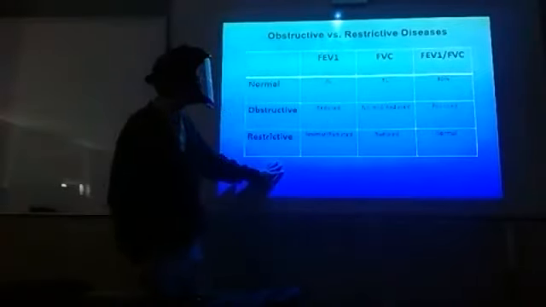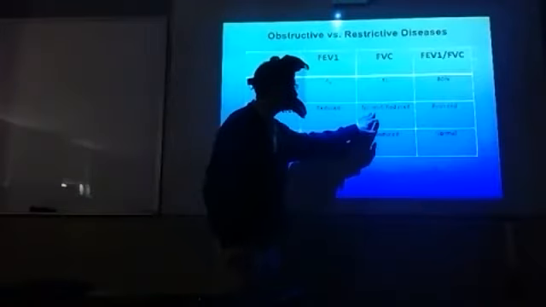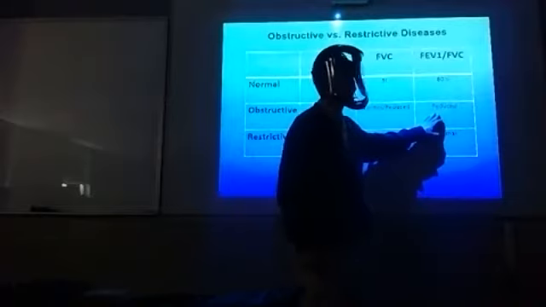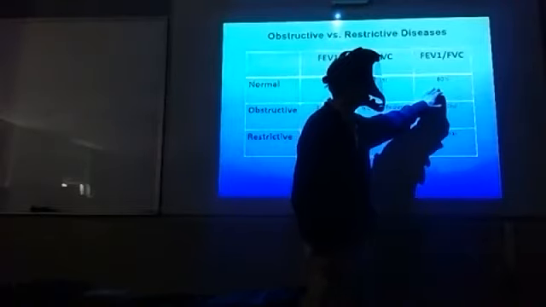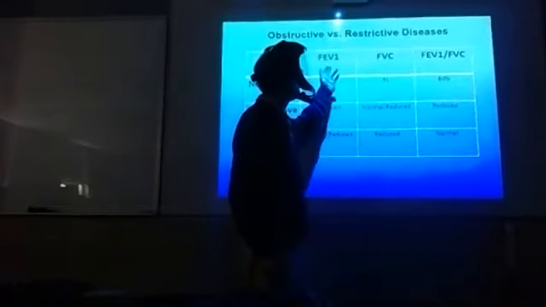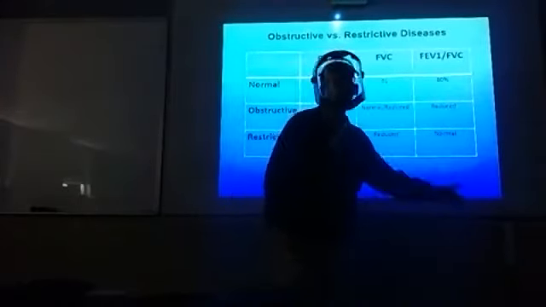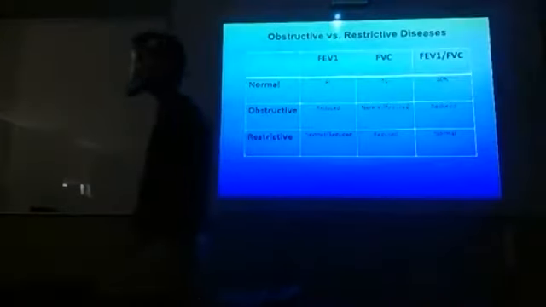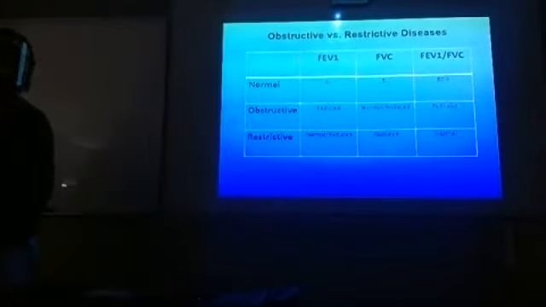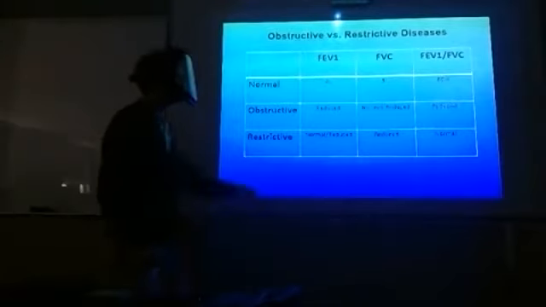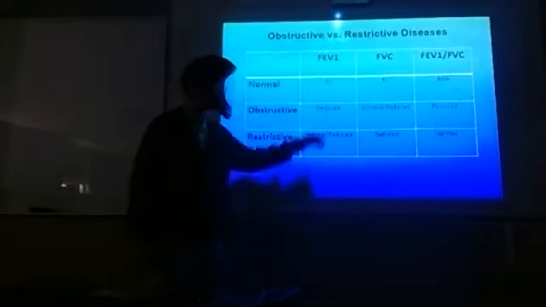Usually the FVC is fairly normal. The FEV1/FVC ratio is significantly reduced. If the normal is about 80%, meaning the FEV1 is about 80% of the forced vital capacity, this could be significantly reduced down to 50 or 40%. The most important feature of an obstructive lung disease is the reduced FEV1.